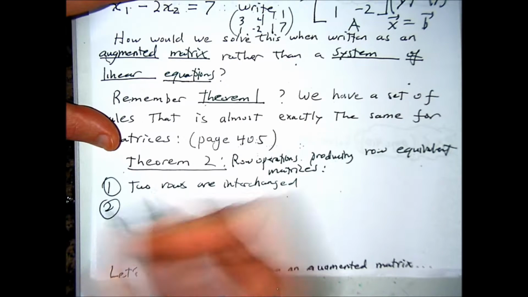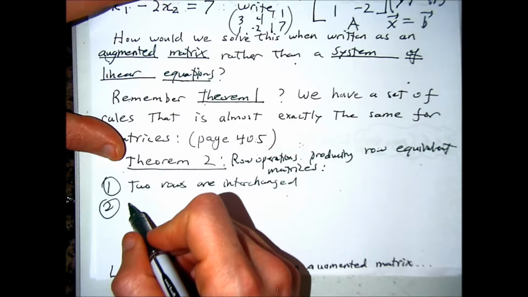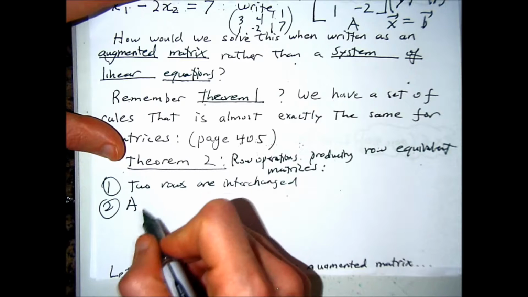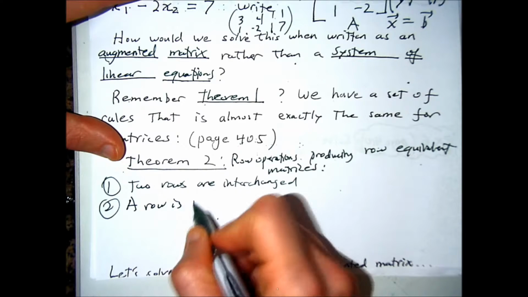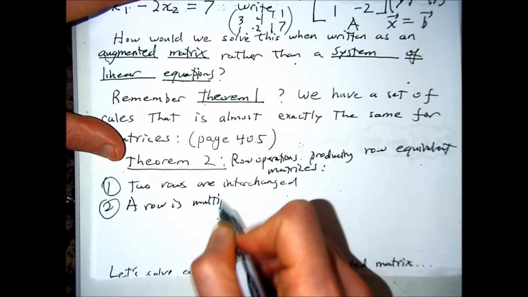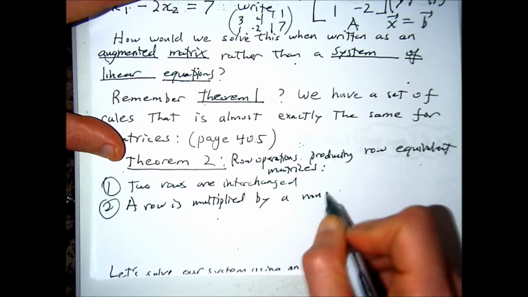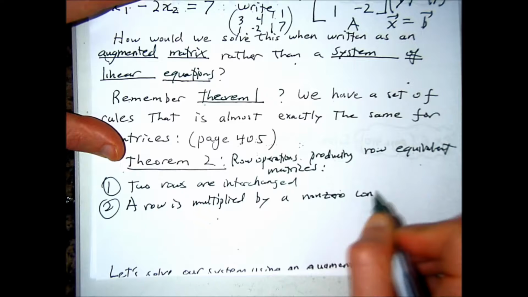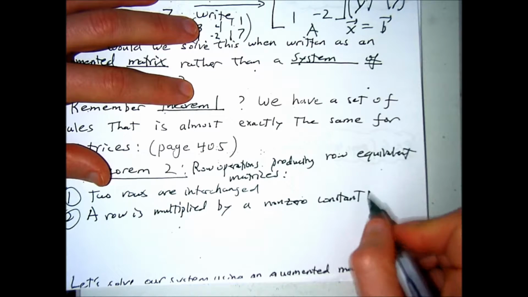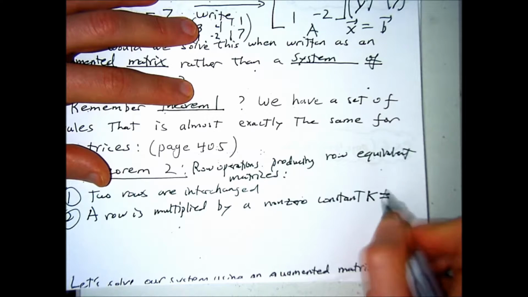Number 2, a row is multiplied by a non-zero constant. And they call it k, so I'm not going to call it alpha, I should call it k. K not equal to 0.